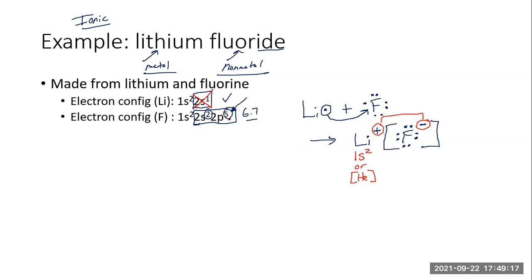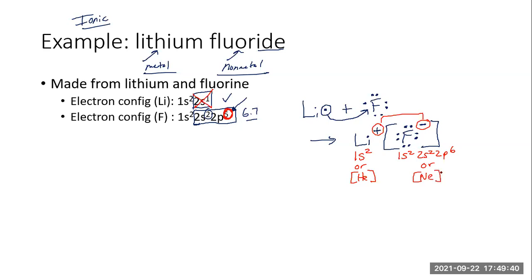What happens to the fluorine is it picks up that electron in the p orbitals. It now ends up with 10 electrons and an electron configuration of 1s2, 2s2, 2p6. Those 10 electrons are the same configuration as neon.